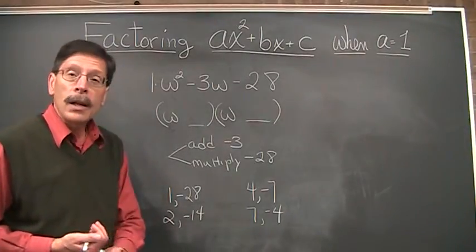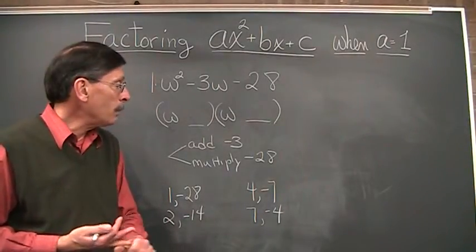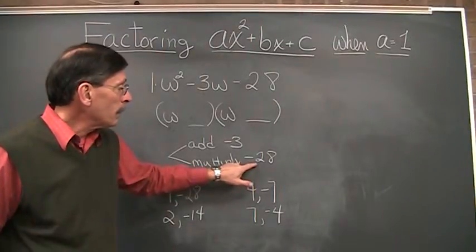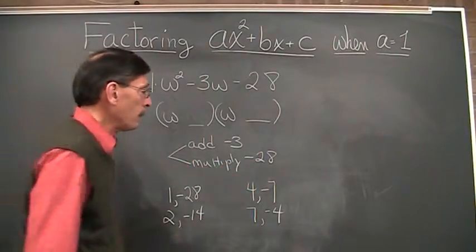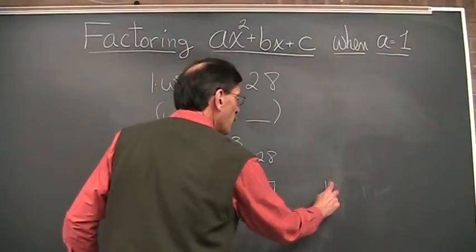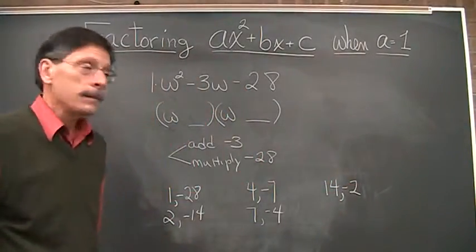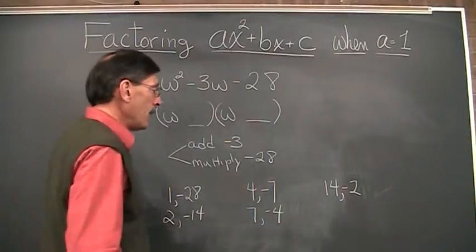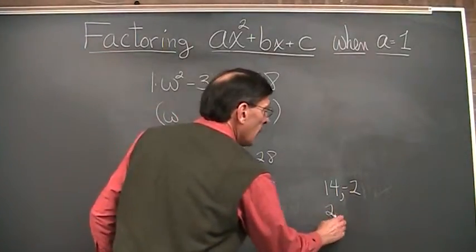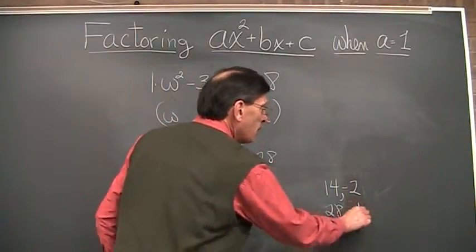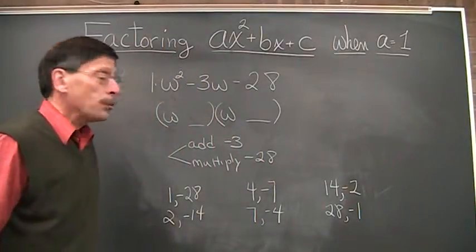8, 9, 10, we keep moving up till we get to 14. So I have 14 times -2 gives me -28. And finally, 28 times -1 gives me -28.